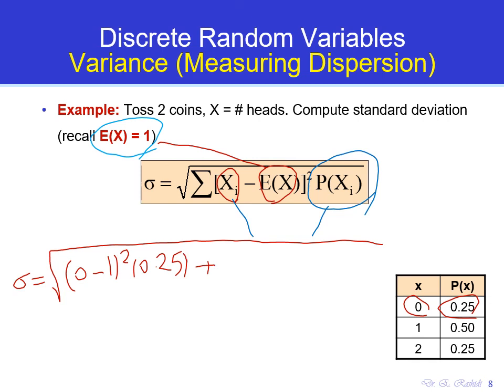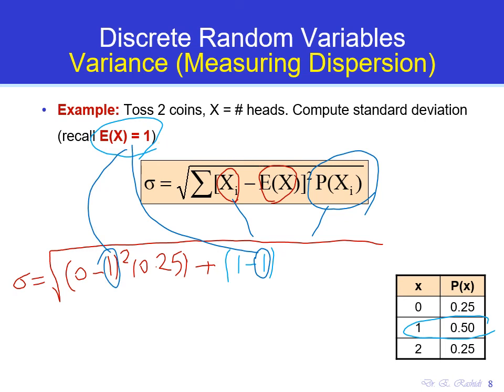The next value that x would get is 1 with the probability of 50%. So that would be value 1 minus the expected value, which is 1. This 1 comes from the expected value. This 1 also comes from expected value. Then we square this value and multiply it by the probability, which is 50%.